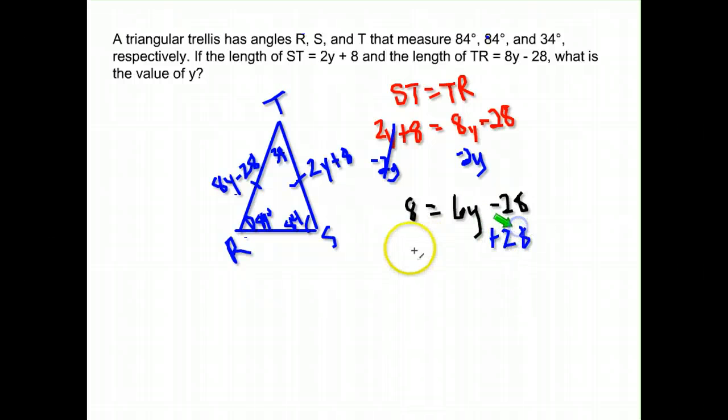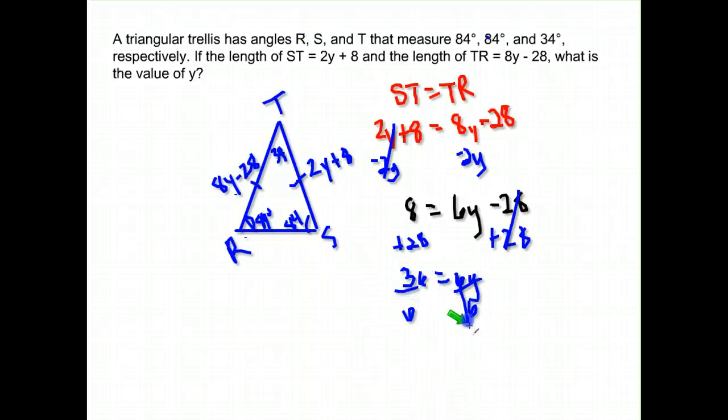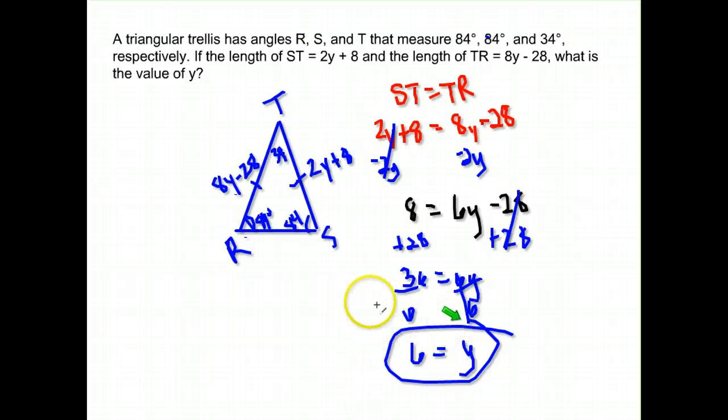I add 28 here, which means I have to also add 28 on the other side, and I'm left with 36 is equal to 6y. Last step, we have 6 times y, so we do the opposite and divide both sides by 6. 36 divided by 6 is 6. So what is the value of y? Y is 6.